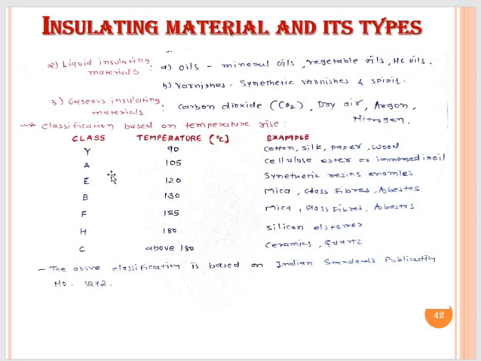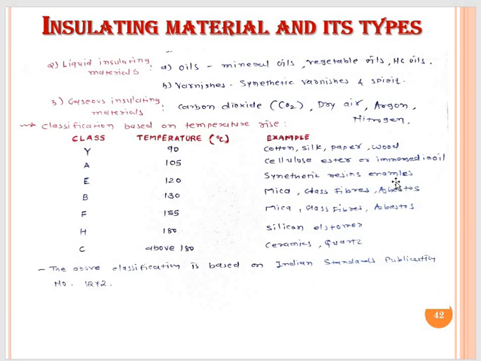Now class A has a temperature of 105 degrees Celsius. Cellulose esters or materials immersed in oil are categorized in class A. Next, class E for 120 degrees Celsius.